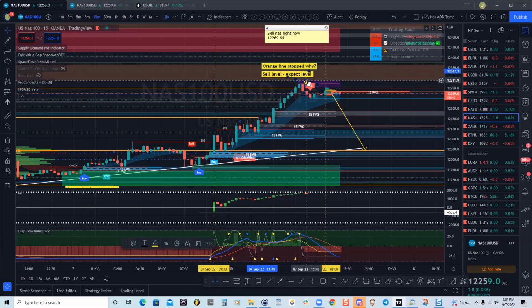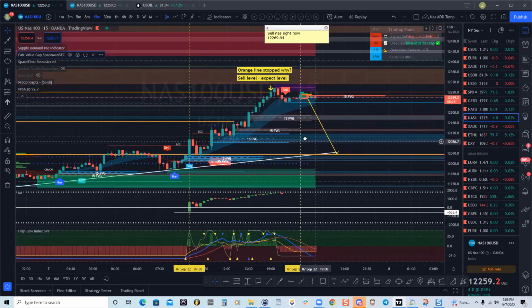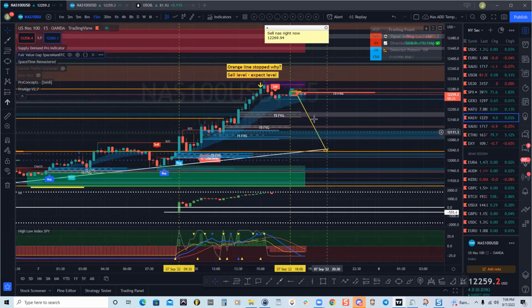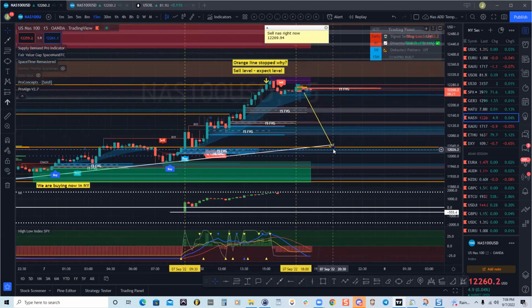The sell level came at this point, so this candle here violated it, and then a whole bunch of other candles came around and finally it's dropping. It could drop to here, but this is the POC. That's the next level of where it needs to go. It might not get there, it might just hang around, but it shouldn't break this level because if it's following the rules, it should come to here.